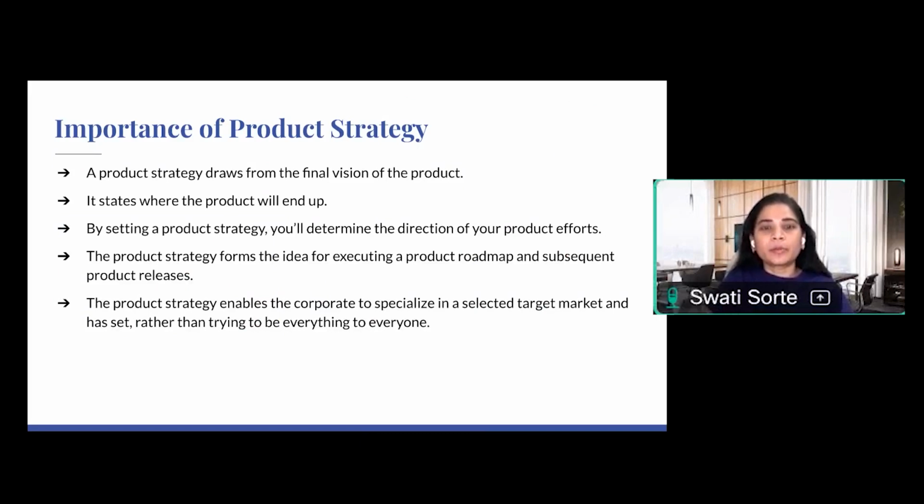By setting a product strategy, you establish a direction for your efforts, ensuring everyone is working towards the same destination. This strategy then forms a blueprint for execution. Your product roadmap, outlining the development phases along with the timelines and prioritizing the features, will propel you towards your vision. Product releases then become the strategic milestones along this roadmap.